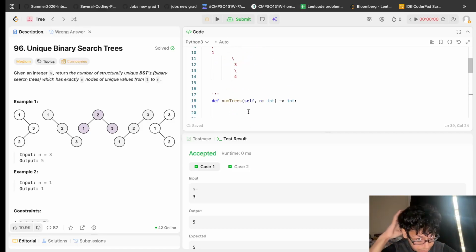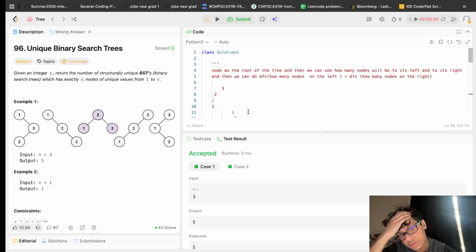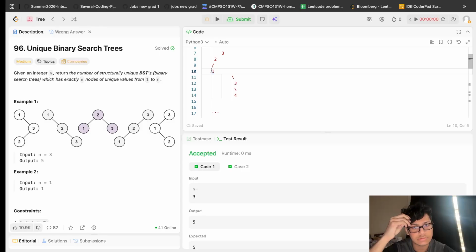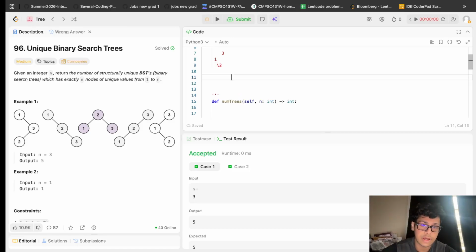Three would be contributing 4 trees in this case. Because this could be like this, or it could be like this, right? And then these two, 4, 5.